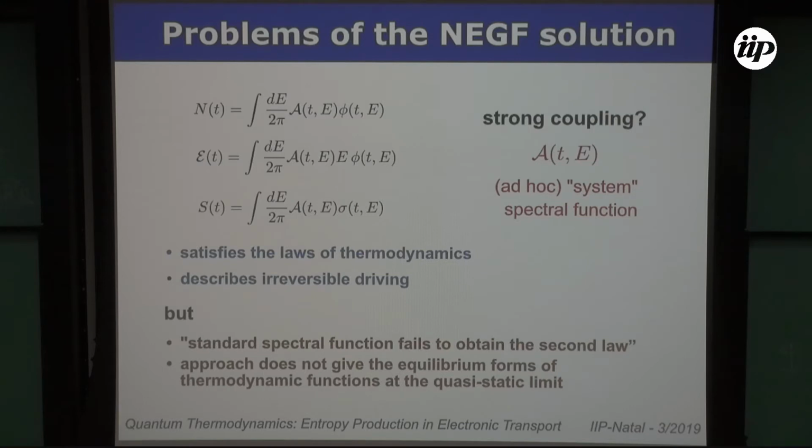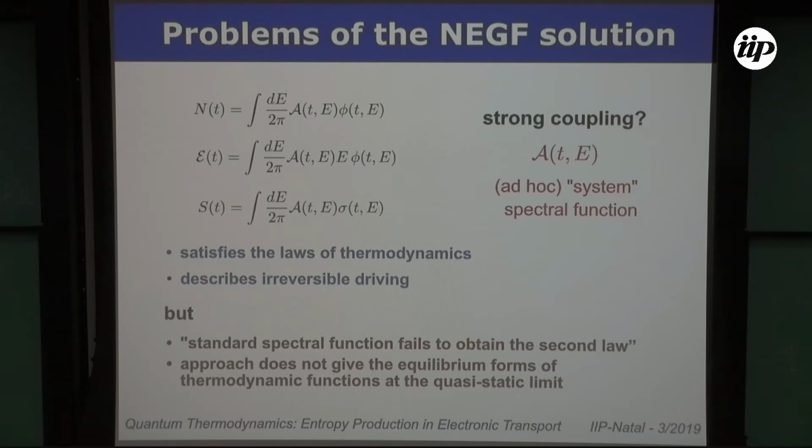The problem is that this approach does not give the equilibrium forms of thermodynamical functions in the quasi-static limit. So it fails to give you the correct limit of reversible dynamics. So that's not good. And so this was our motivation. It's an interesting paper, and we try to start from there.